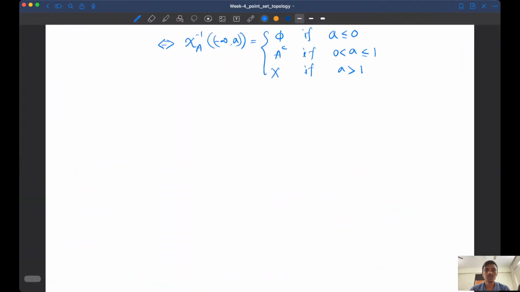Then this is open, but this being open means A complement is open, because again phi and X are always open. And A complement is open means A is closed.